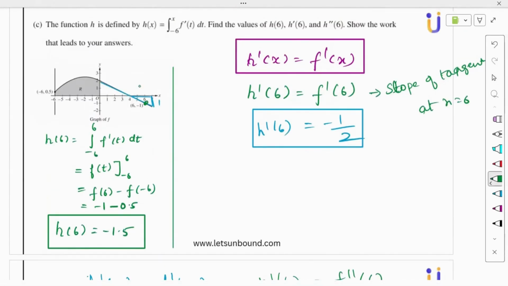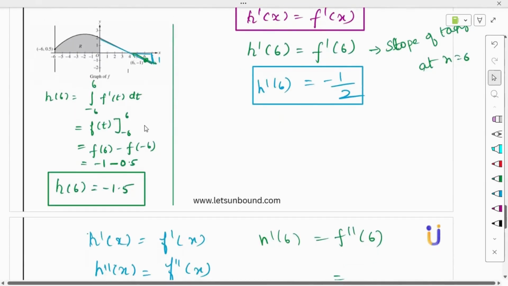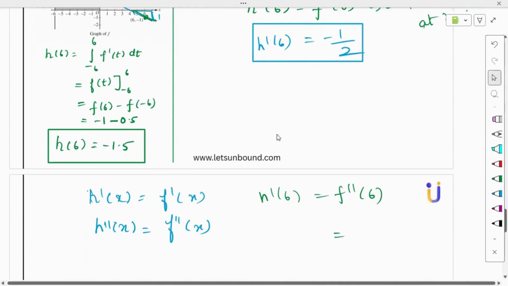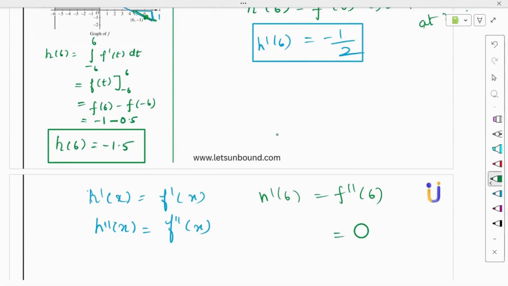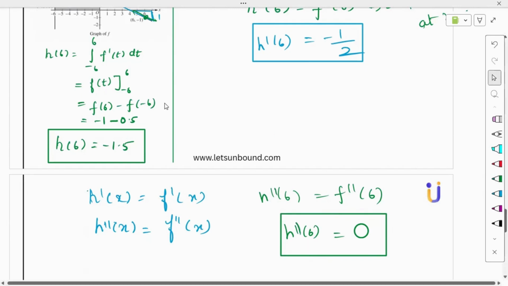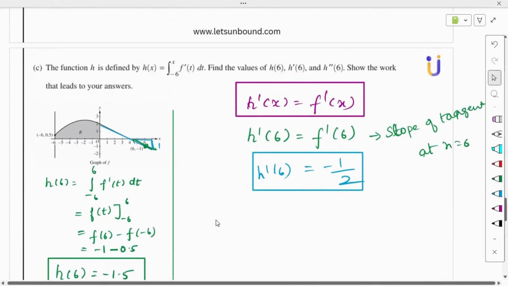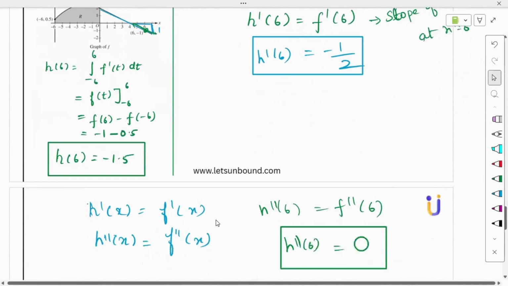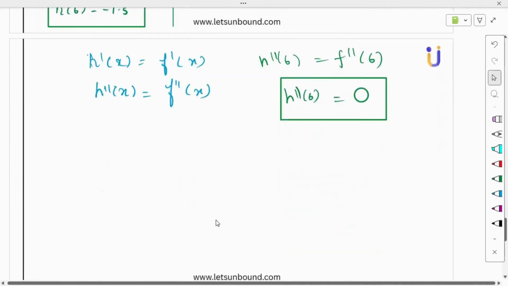Is this concave up or concave down? No, it's neither. The rate of change of the rate is constant, so it's 0. So h double dash of 6 is 0. This is all about the definition of h and working out the values at different points. With this, we conclude this problem.